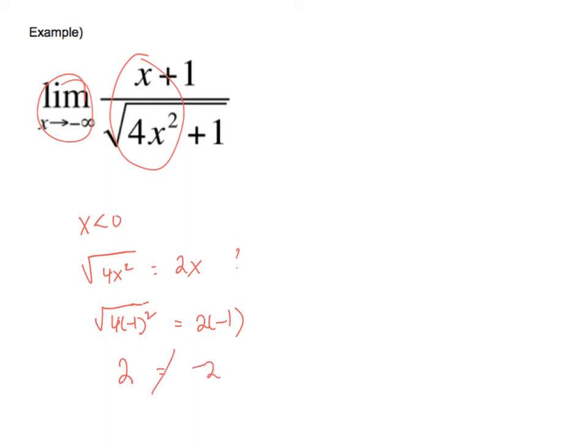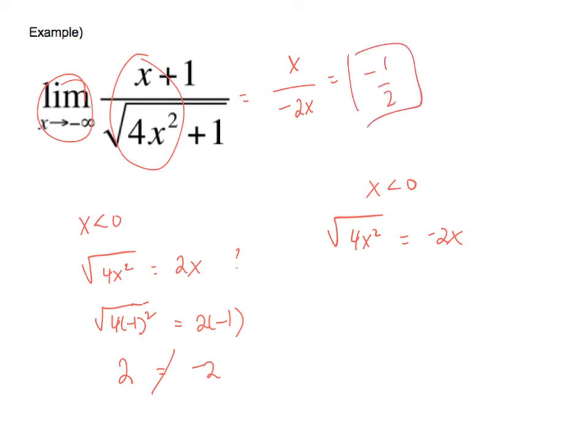The right-hand side comes out as -2. Since it didn't work, we need to negate the right-hand side for values less than 0 to make this a true statement. So when I'm finding this limit as x approaches -infinity, I'm really thinking about x divided by -2x. Degrees are the same top and bottom, so my answer is -1/2.